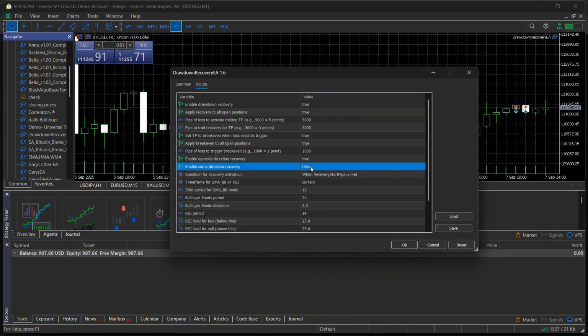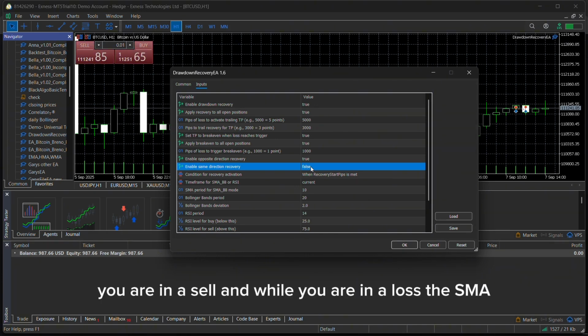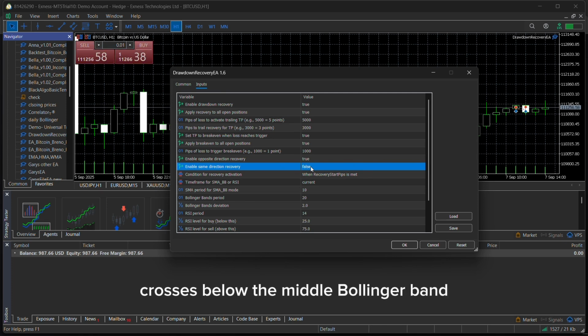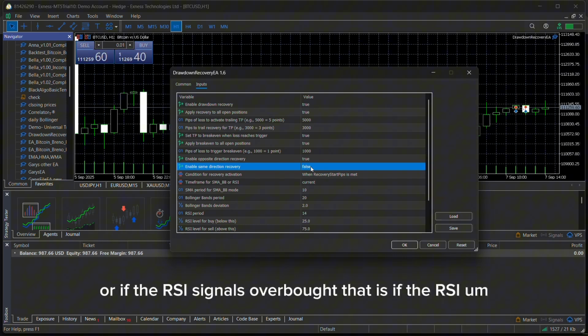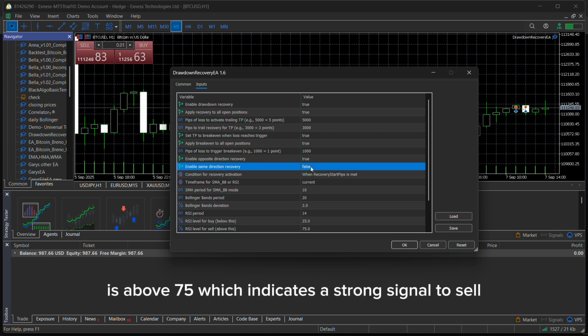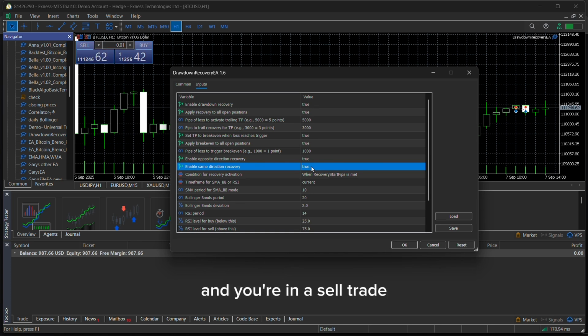For instance, you are in a sell and while you are in a loss, the SMA crosses below the middle Bollinger Band, which indicates a sell trend, a downtrend has started, or the RSI signals overbought, that is, the RSI is above 75, which indicates a strong signal to sell, and you are in a sell trade, you can enable same direction recovery so that it opens a position in the same direction.